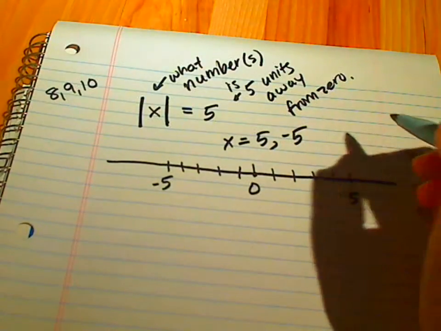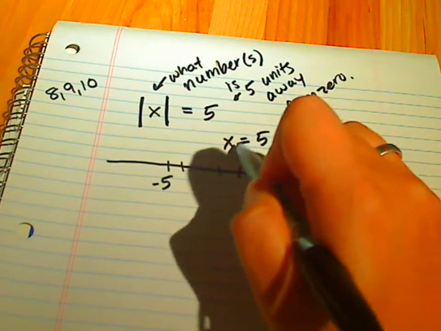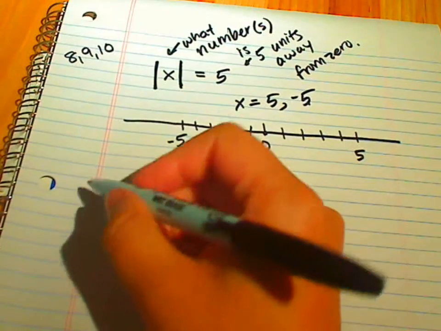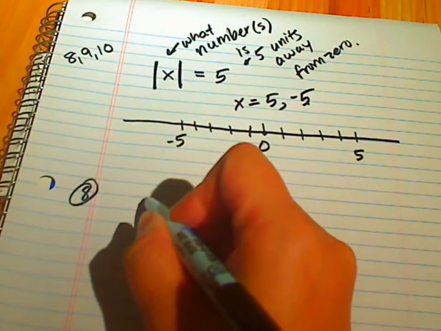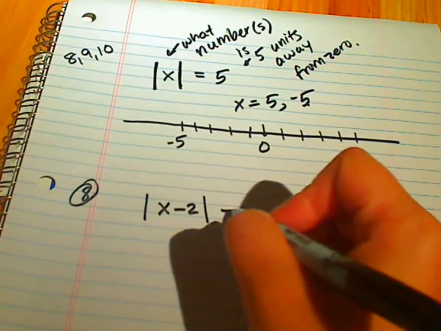Now you can't put this answer in interval notation because I don't want a range of values, it's just this answer or this answer. So stuff like number 8: the absolute value of x minus 2 equals 10.